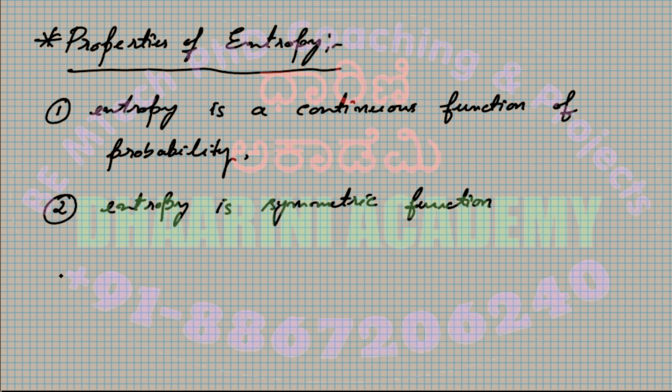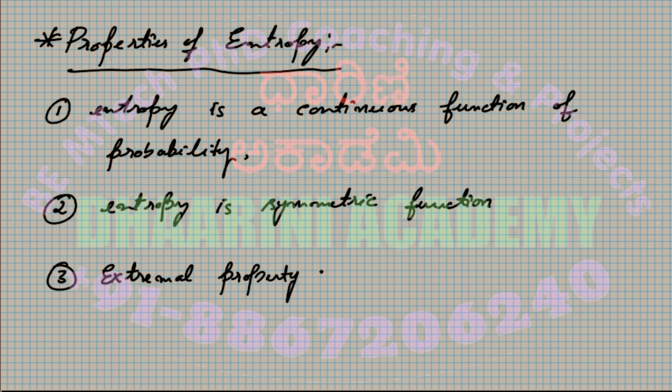But for the third property, we can go for a proof. Okay, so we'll prove the third one now. This is called the extremal property. There is a name for this, extremal.